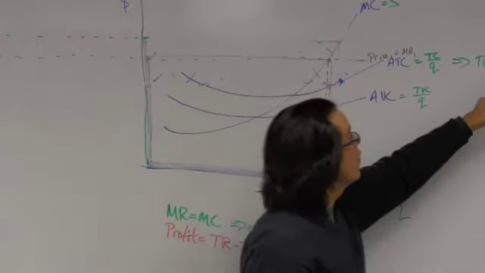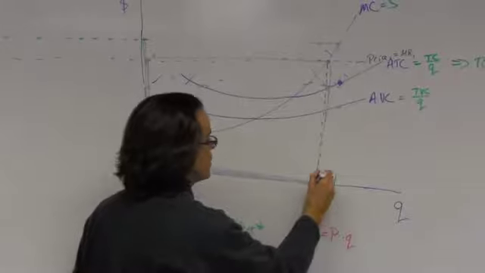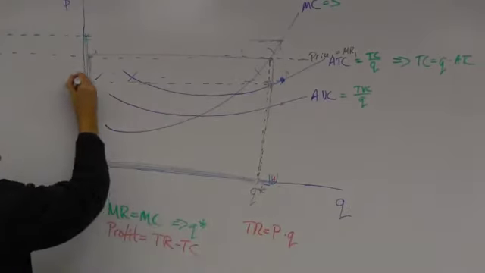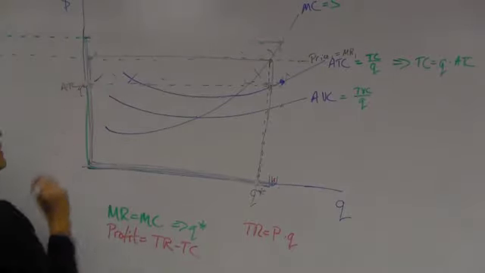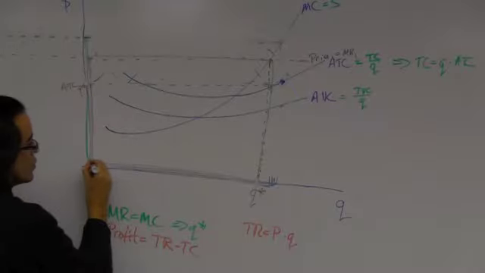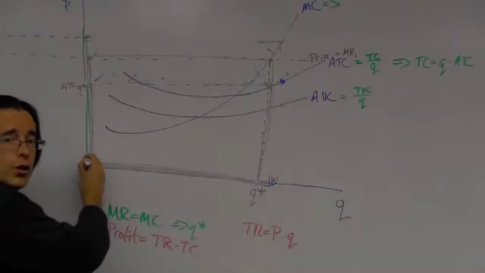Because remember, quantity times average total cost equals our total cost. So for this quantity, what's the average total cost? Well, it's at this level, so at our new average total cost. And so that average total cost times the quantity, this box represents our total cost.